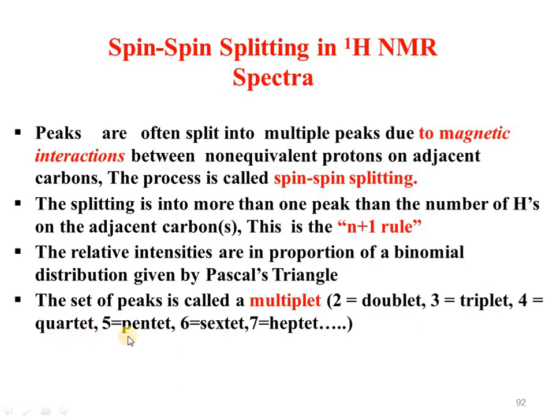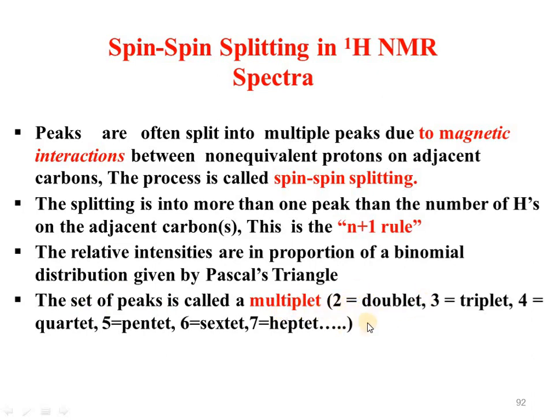If five, then a pentet or quintet. If there are six, then a sextet. And if seven peaks, then it is a heptet, and so on. So a set of peaks is called a multiplet. If it is 2, doublet, 3, triplet, and so on.